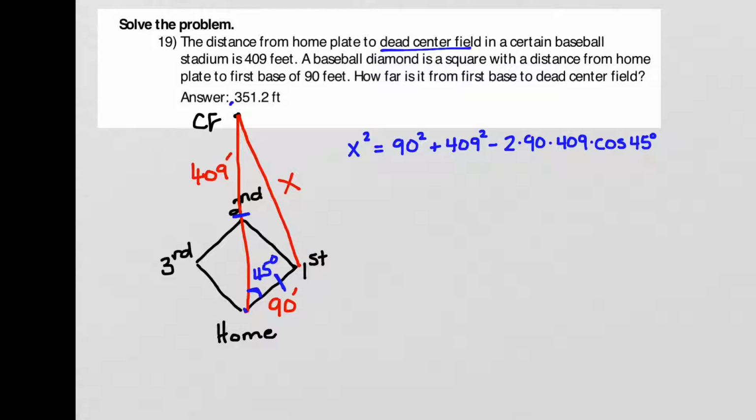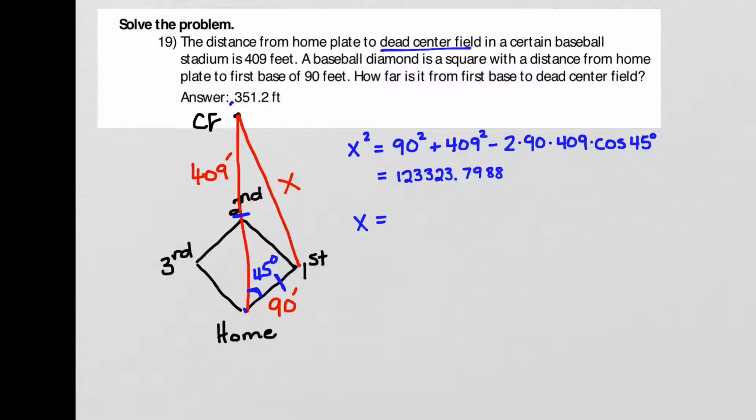When I put this all into the calculator, I get 123,323.7988.